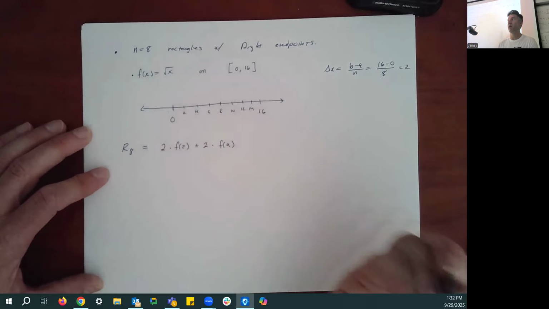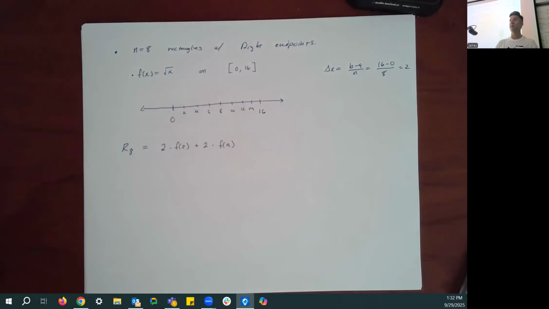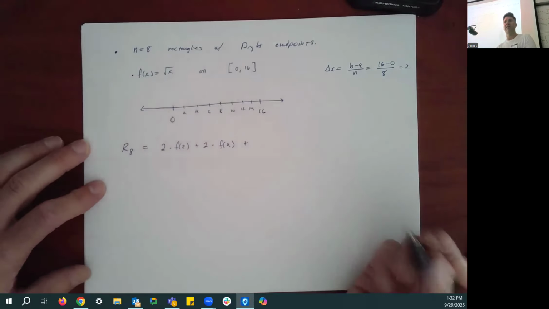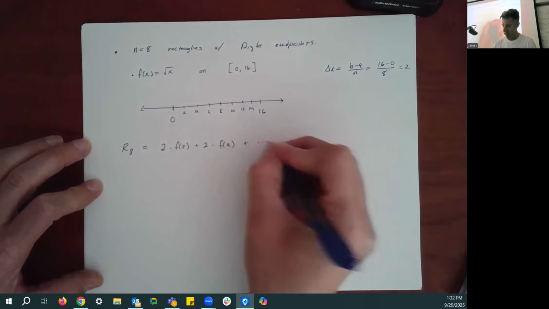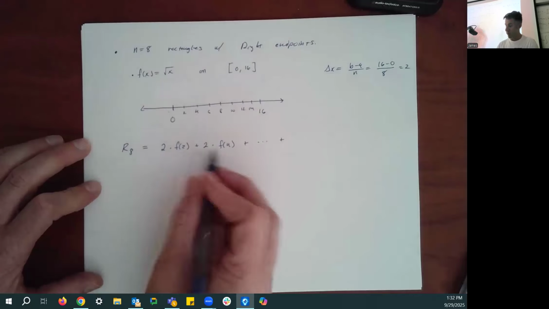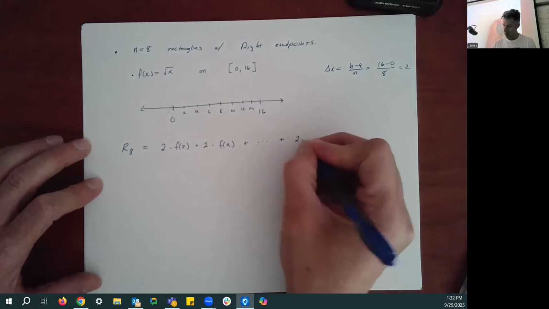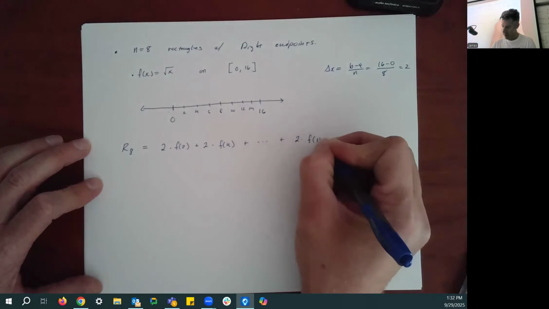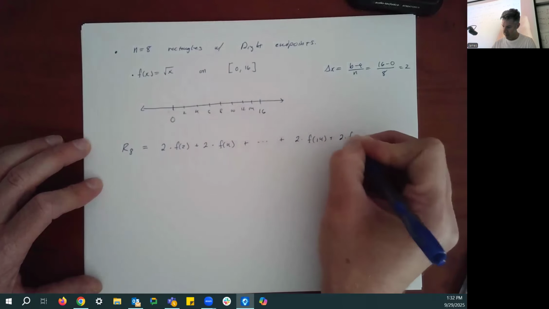It's going to be 2 every time because we're typically using intervals with an equal width. I don't want to write all this out, so I'm going to cheat and write just 2 times f of 2 plus 2 times f of 4, and the last ones, 2 times f of 14 plus 2 times f of 16.